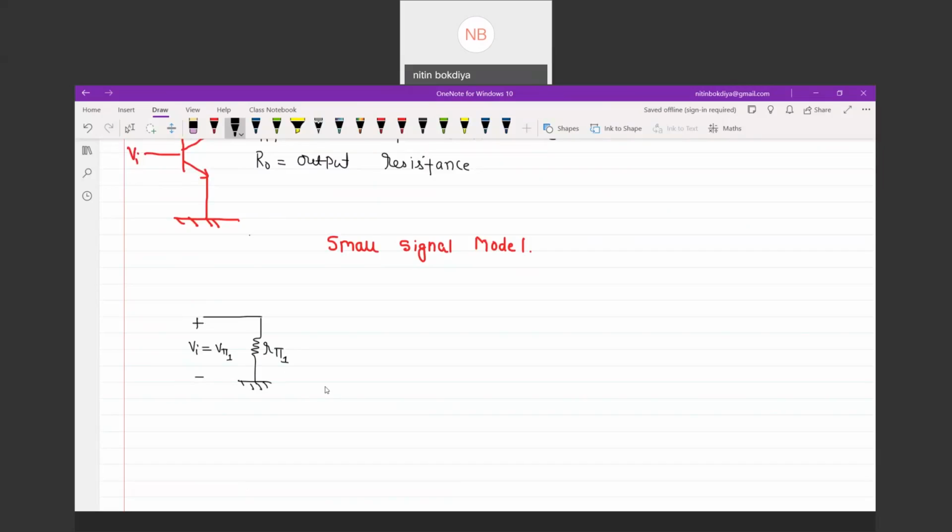Now this is gm1, the transconductance of the first amplifier, into V pi 1, or directly I can write this as Vi, because the current you get depends on the potential drop across the base emitter junction.